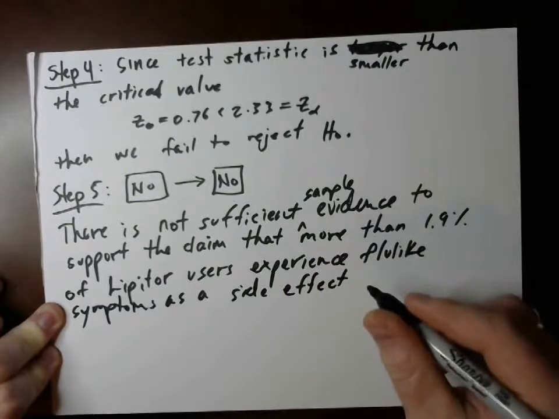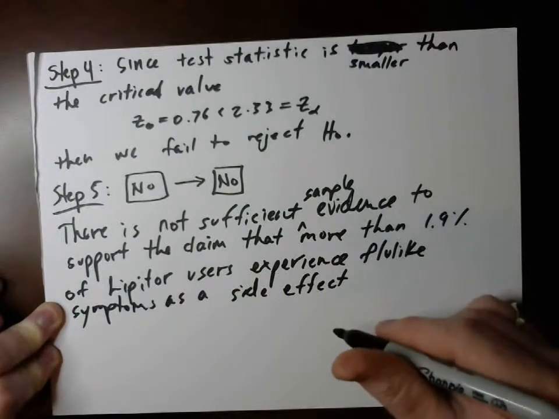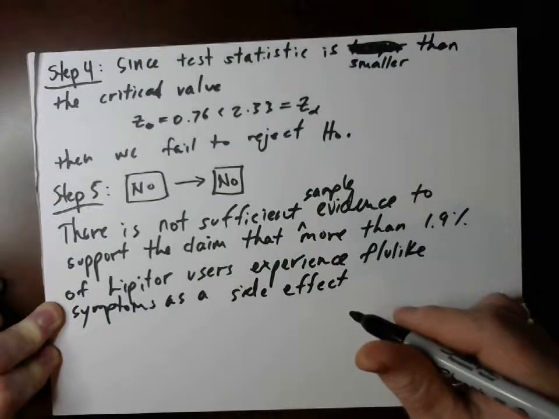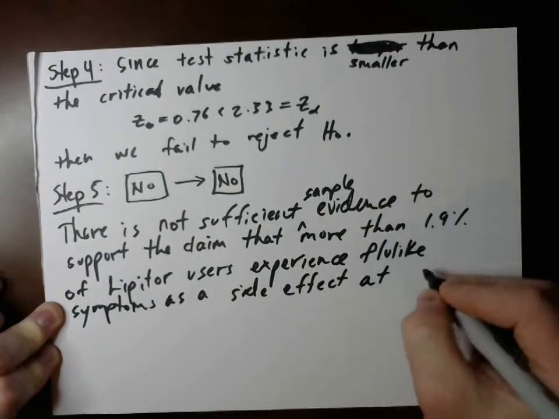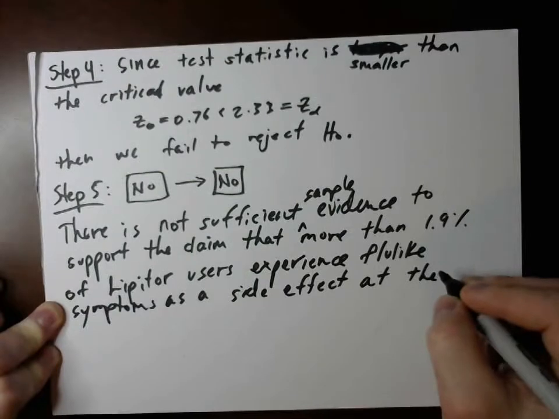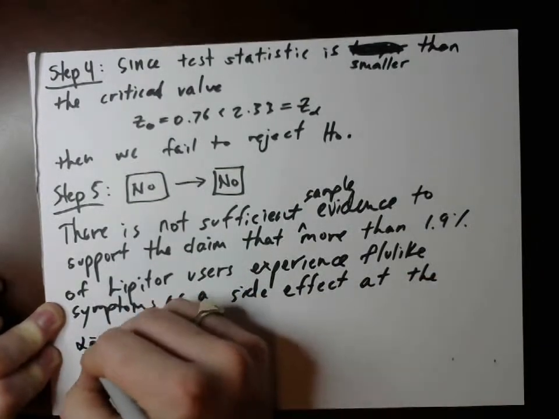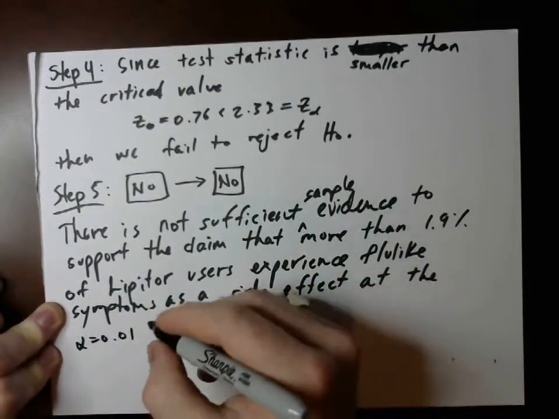We would go directly to that sentence in the problem, in the middle of it where it states the claim. And this is kind of up to you, but I really like this where you mention at what level of significance, to explain how picky we were: at the alpha equals 0.01 level of significance.